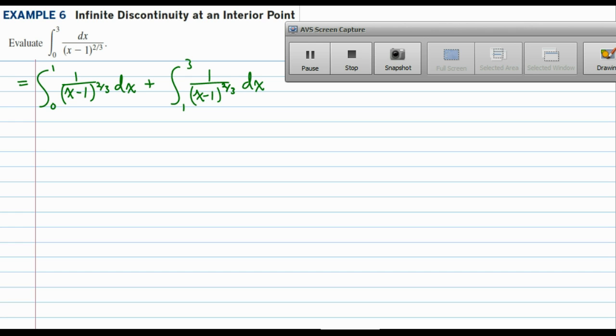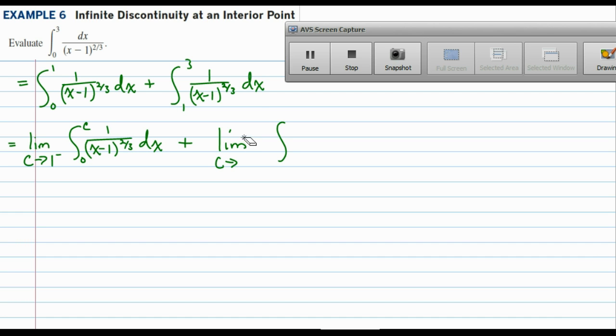Since 1 is an infinite discontinuity, I'm first going to say, let's take the limit as C approaches 1, but from the left this time, because if I'm trying to find from 0 to 1, I want C to approach from numbers within that interval. So I'm going to approach 1 from the left, so between 0 and 1, from 0 to C of our integrand dx.